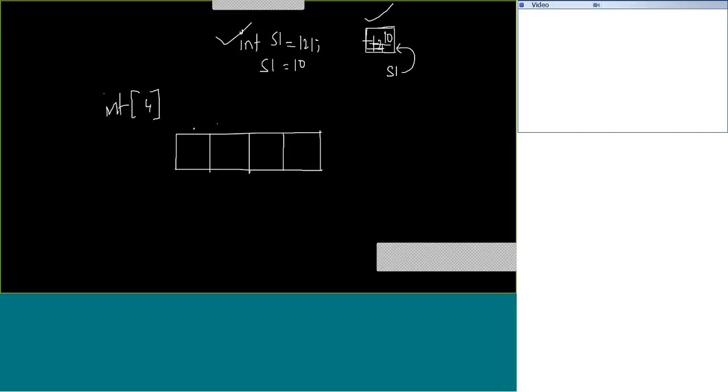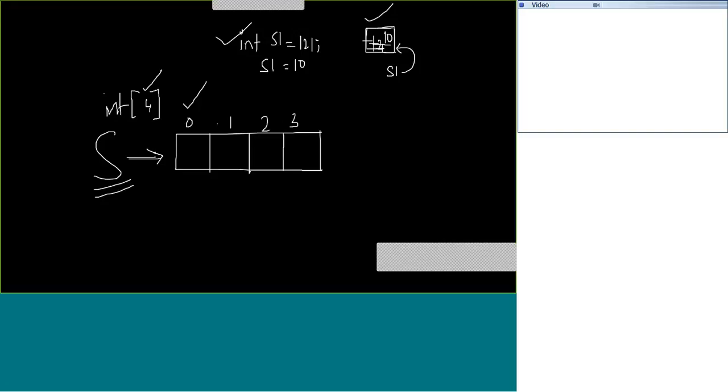Now each slot is represented by an index: index 0, index 1, 2, and the index always starts with 0 and goes on. There are 4 different slots, and they are represented by one single variable called s, which is allocated for this complete array.